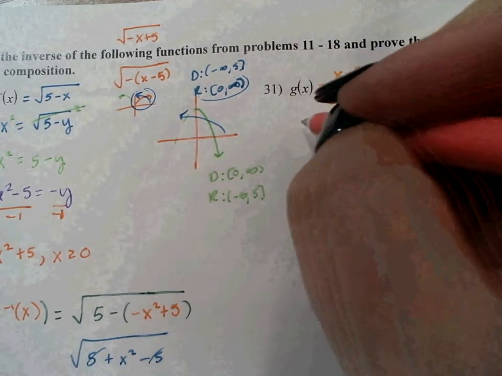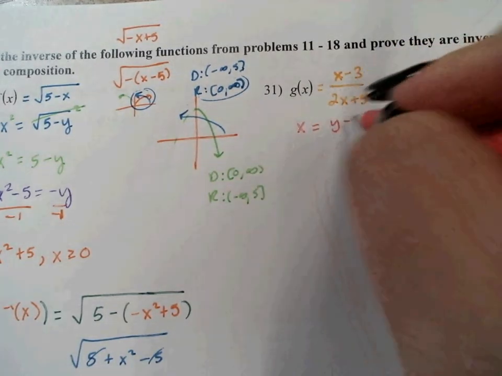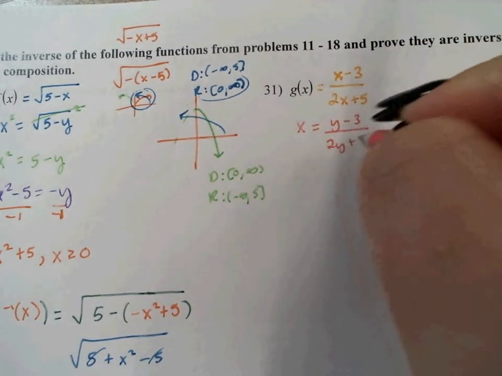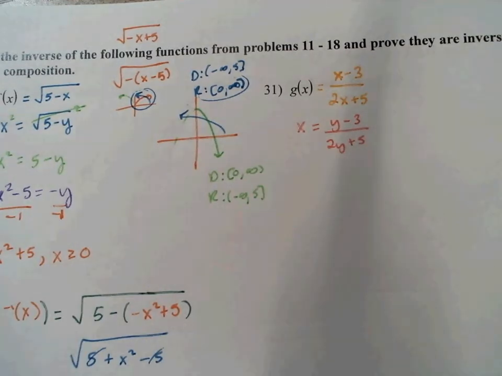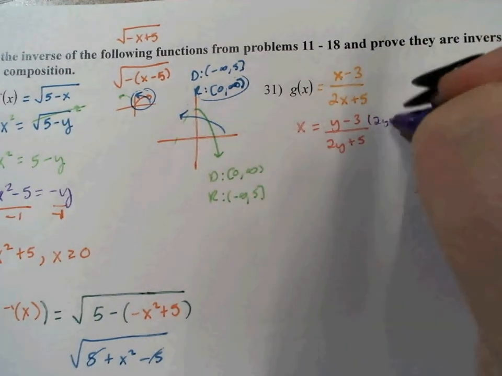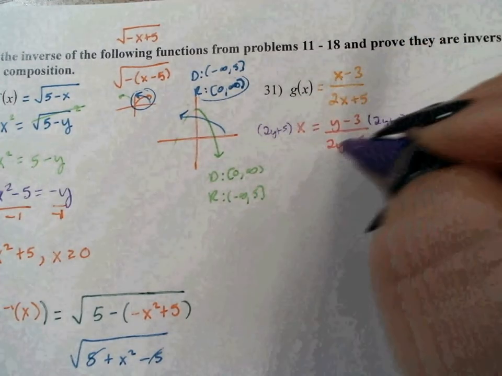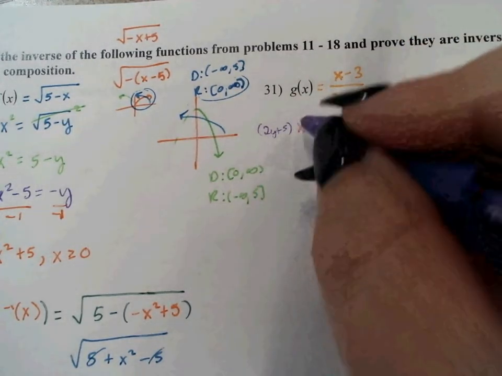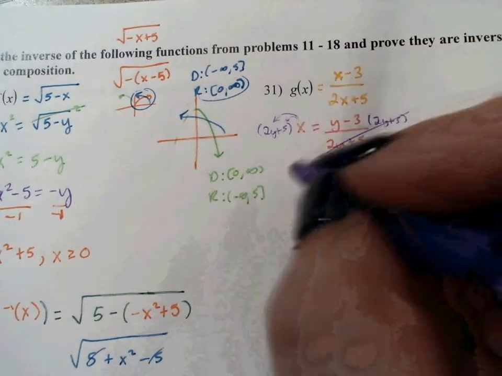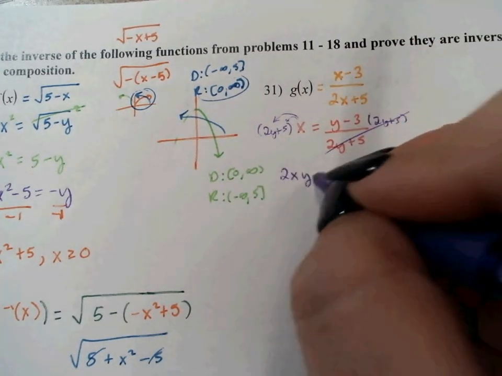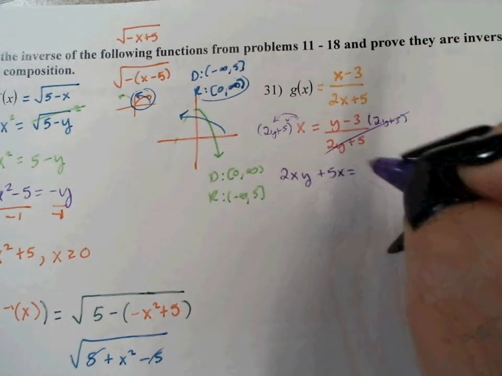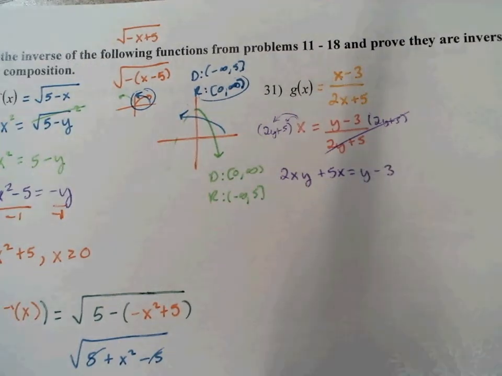So we're going to switch x and y. x equals y minus 3 over 2y plus 5. We're going to multiply by 2y plus 5 on both sides. Not numerator and denominator, but both sides, so that those will go away. Then we're going to distribute the x. So it'll be 2xy plus 5x equals y minus 3.